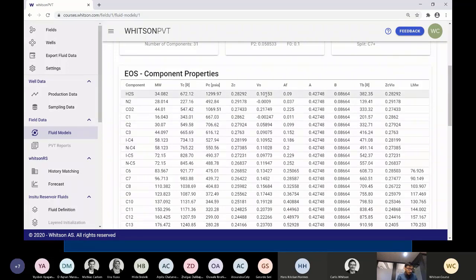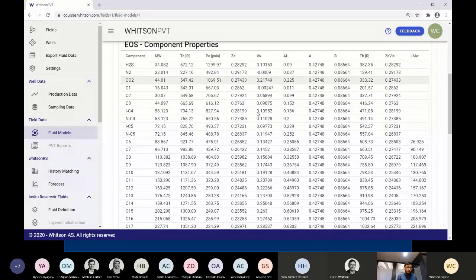So what we just went through was the volume shifts, and that's something we can also see on the EOS table that we have on this Wilson PVT, the EOS we are going to develop and use. So that's this VS term, the dimensionless volume shift, which we represented as S, and you see that it's different for each component.